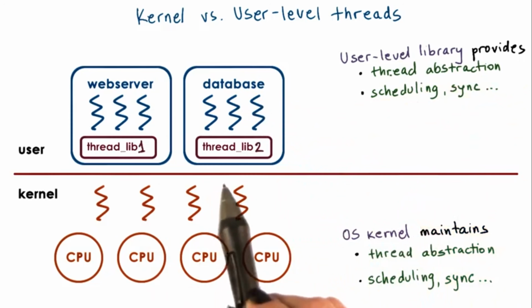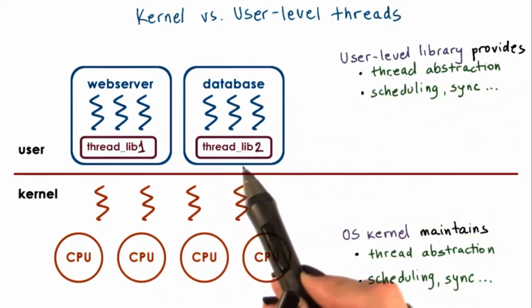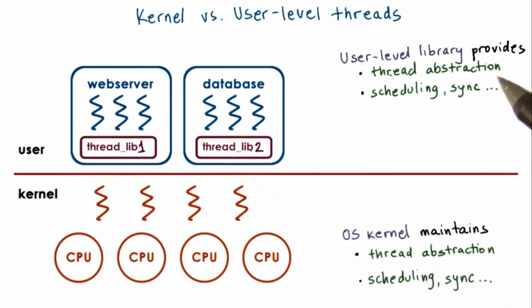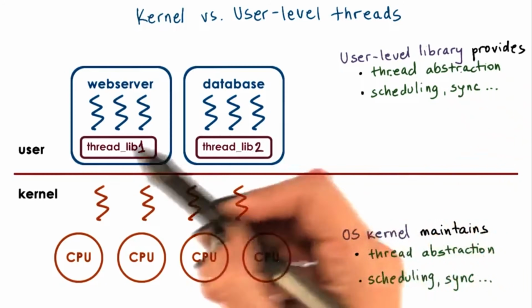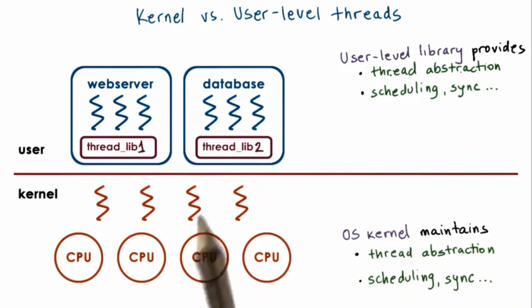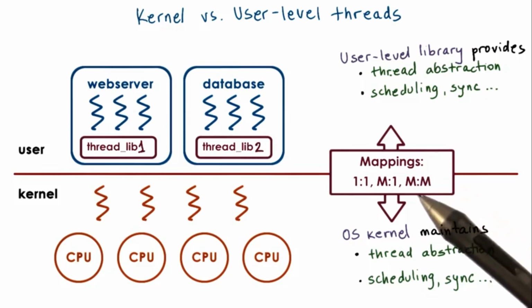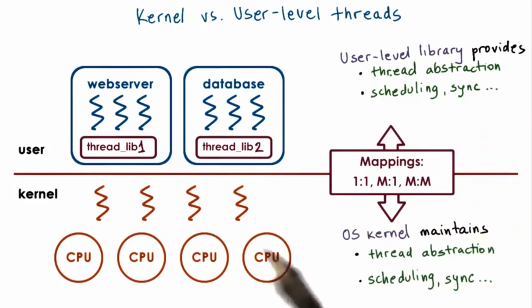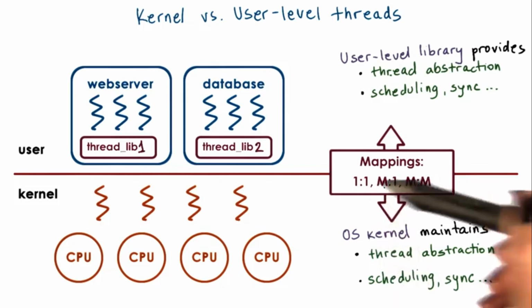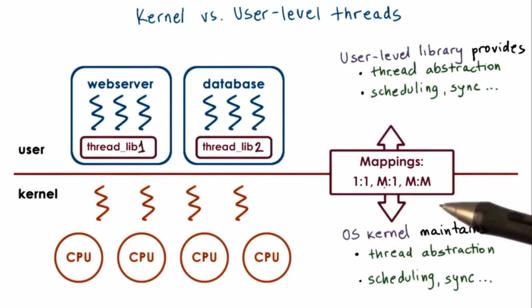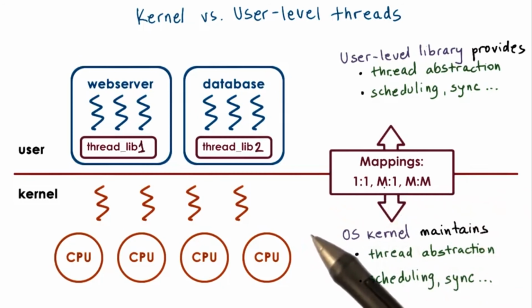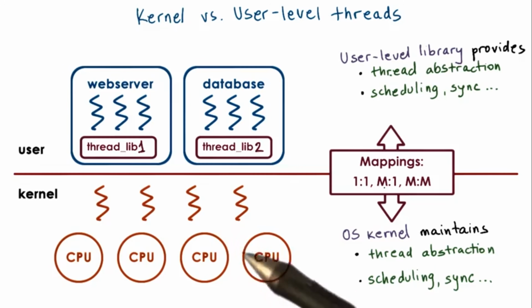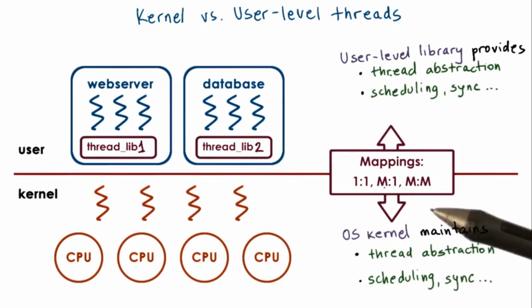In fact, different processes may use entirely different user-level libraries that have different ways to represent threads, that support different scheduling mechanisms, etc. We also discussed several mechanisms how user-level threads can be mapped onto the underlying kernel-level threads, and we said these include a one-to-one, many-to-one, and a many-to-many mapping, and briefly touched upon some of the pros and cons of each approach. Now we'll take a more detailed look at what exactly is needed to describe kernel versus user-level threads and to support all of these types of models.